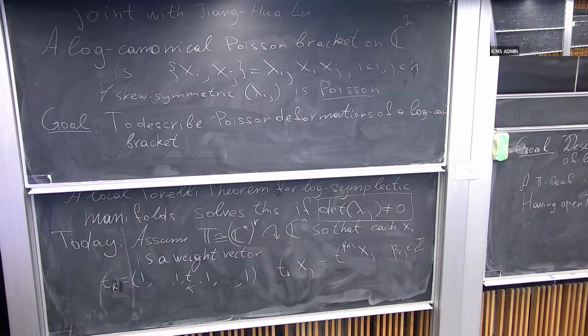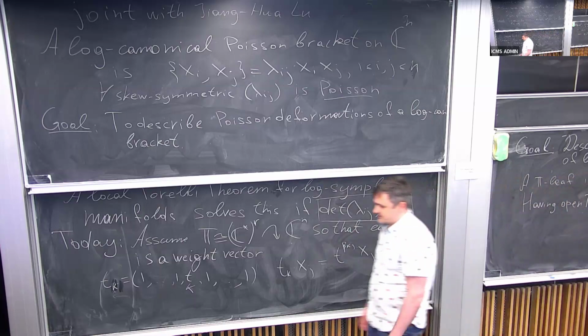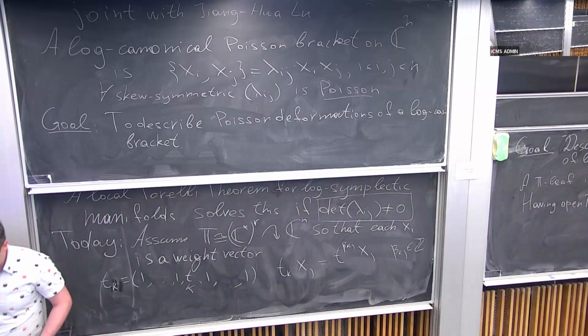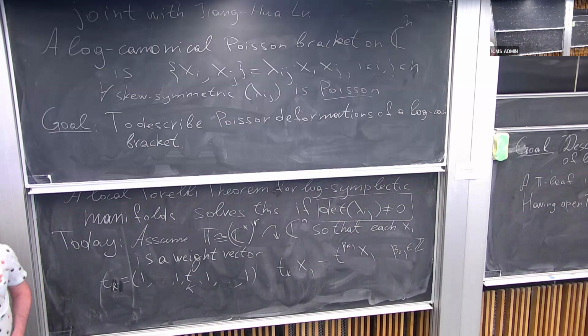The (n plus r) times n matrix that goes from lambdas followed by betas has to have the maximal possible rank n. So that's the standing assumption, and I want to describe some deformations of this log-canonical bracket that preserve T-invariance.